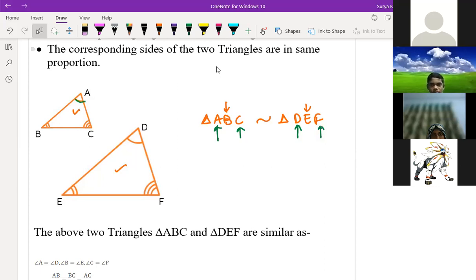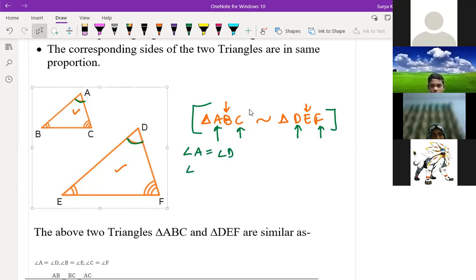Here they mentioned this angle A is equal to angle D, angle B is equal to angle E, angle C is equal to angle F. If 2 triangles are similar, then we can say that angle A is equal to angle D, angle B is equal to angle E, and angle C is equal to angle F.